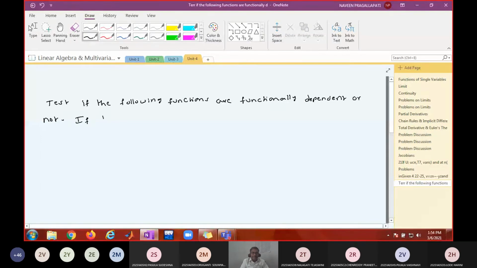If dependent, find the functional relation.